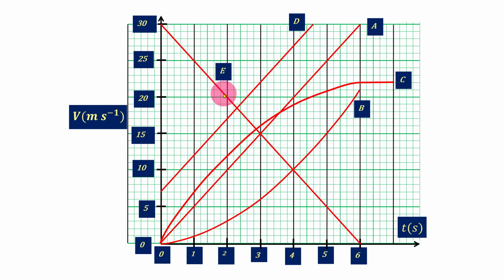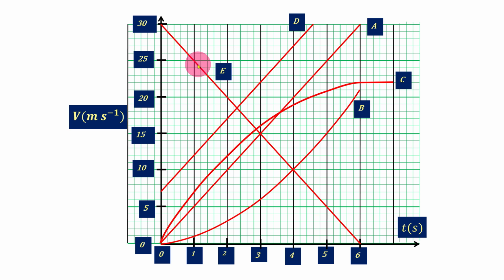You will discover that some steepness can be positive, others can be negative, others can be zero, others can be constant, others can be decreasing, others can be increasing, and so forth. We want to be very sure of how to determine the gradient of a given line. So the gradient of this line, first of all, will be negative, meaning that the acceleration will be negative.